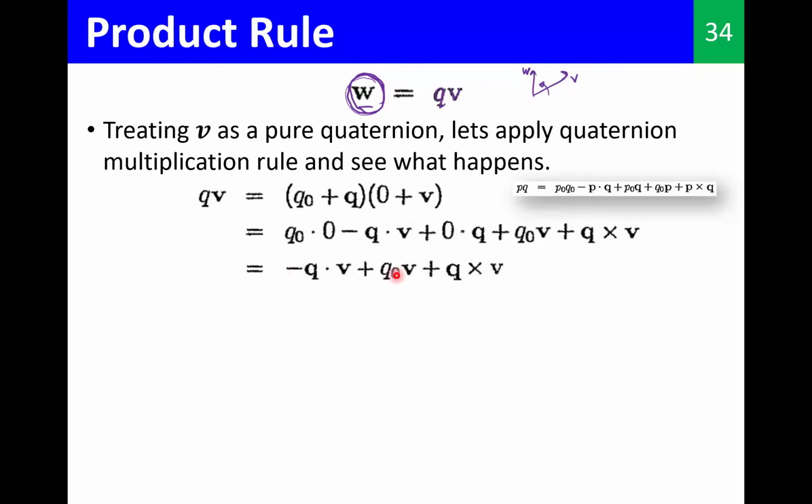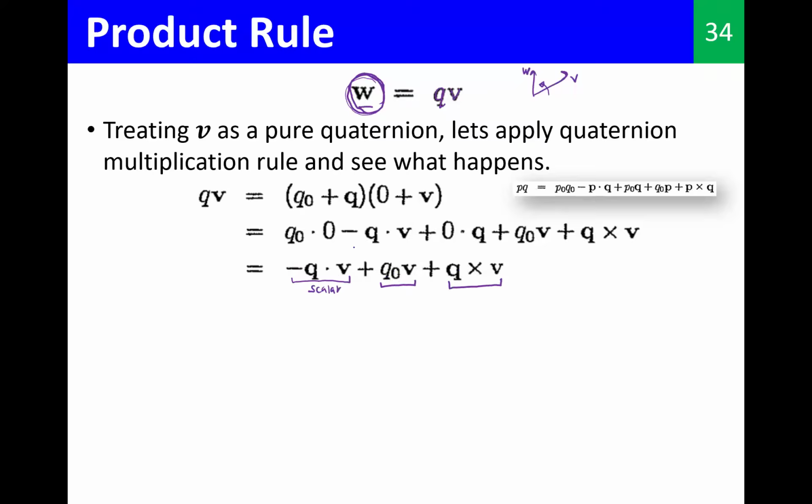If you carefully look at this, you can see this is a cross product, so this will give you a vector, and this is a scalar times a vector, so this is also a vector. This is a dot product, which gives me a scalar.